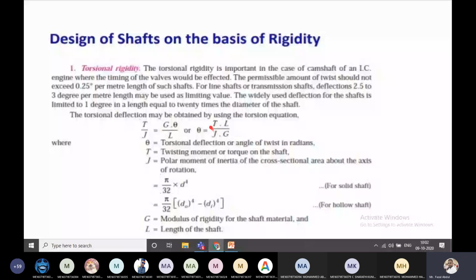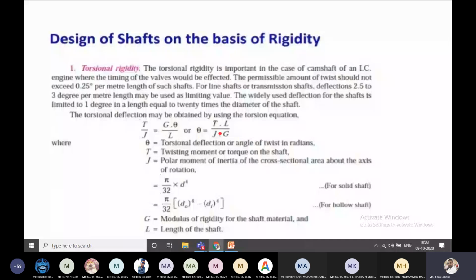So you should remember the theta value when the problem asks for something other than theta, such as T, L or G. If you put in the theta value, you can easily get the remaining values. This is the theory of torsional rigidity.